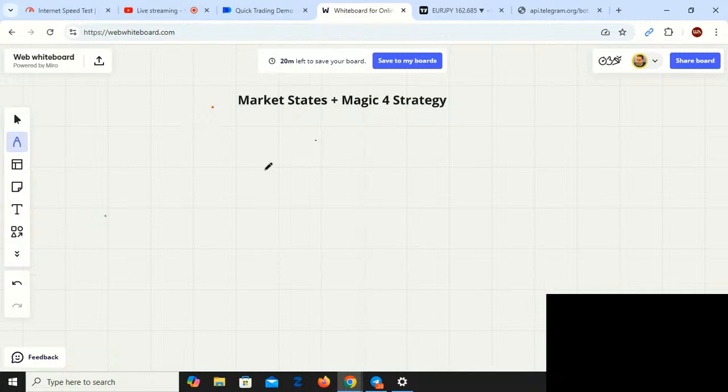So let me show you how this works. First, when you see a market moving in a narrow state, this is your narrow state. The market is moving sideways.